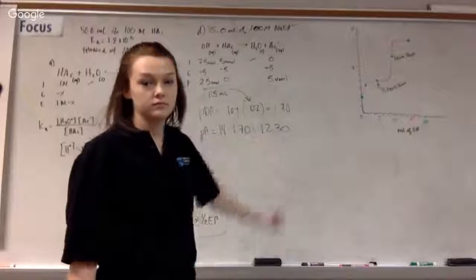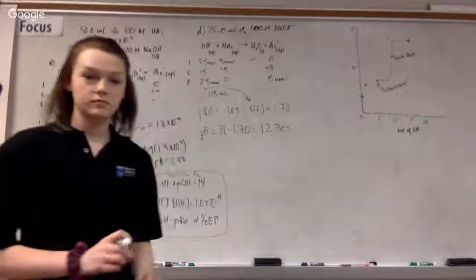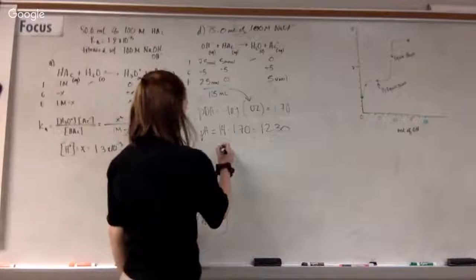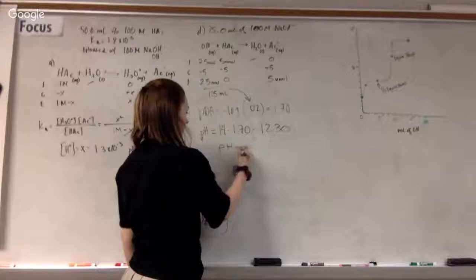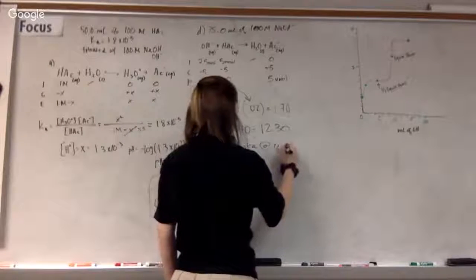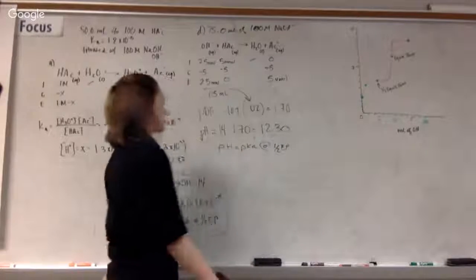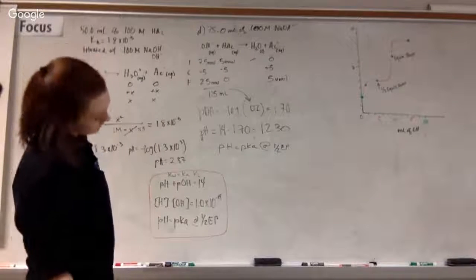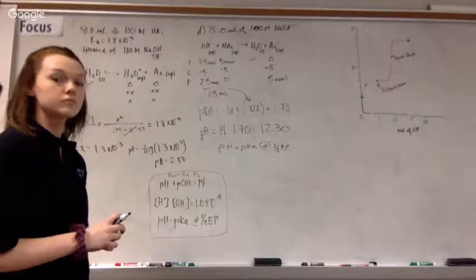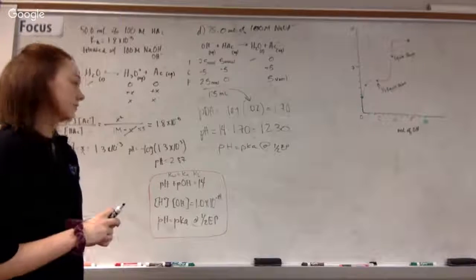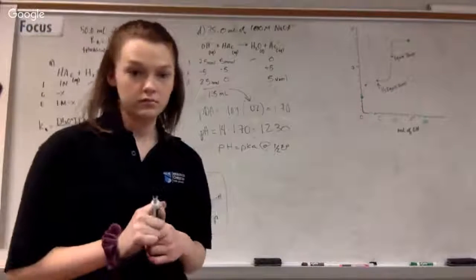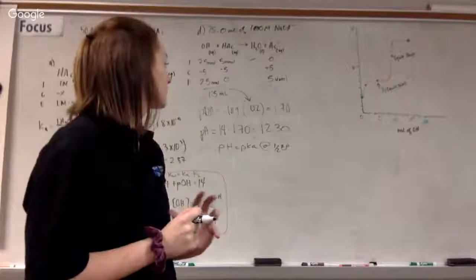Now, there's a couple of things I want to point out to you here. Do you realize that at the half equivalence point, pH is equal to pKa? Luke's question is, if we were to try and figure out the pH of the AC minus, but here's the problem: we can't, because the AC minus doesn't have a big fat OH minus sitting on top of it.